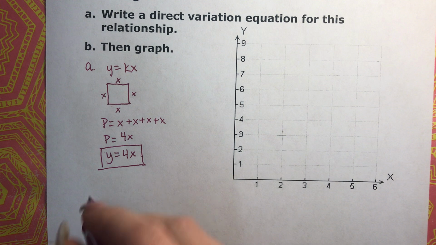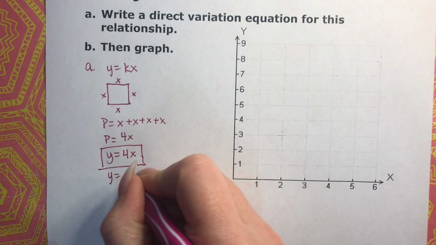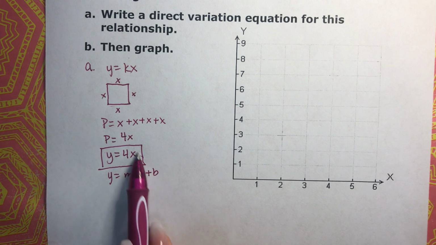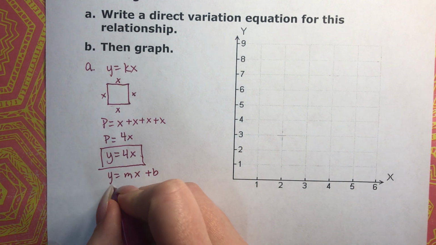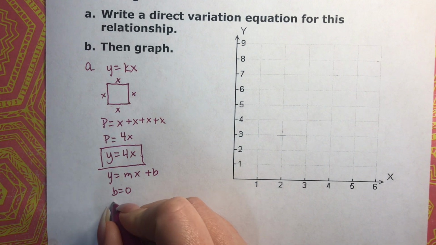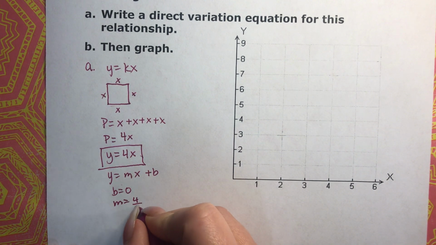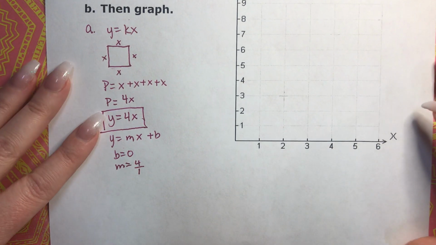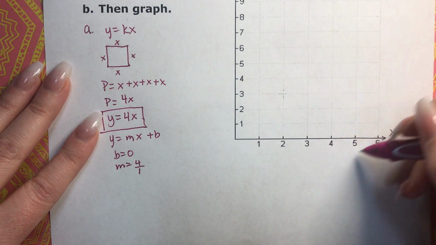Remember, to graph this line, we're gonna think about slope-intercept form, right? So what is our intercept? Our y-intercept is 0. And then our slope is the same thing as the constant of variation, which is 4, which we're going to write as just 4 over 1. We're going to write that as a fraction. So let's label this first.